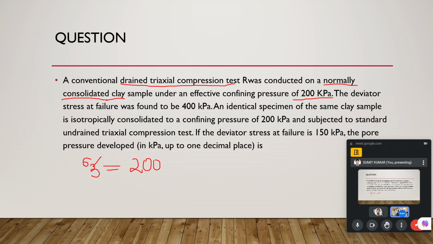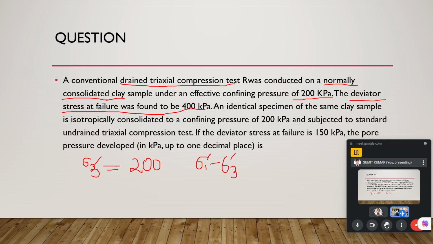Now the deviatoric stress at failure was found to be 400 kilopascal. You must understand that the deviatoric stress at failure, 400 kilopascal, is nothing but sigma 1 dash minus sigma 3 dash, or sigma 1 minus sigma 3. Both are the same.